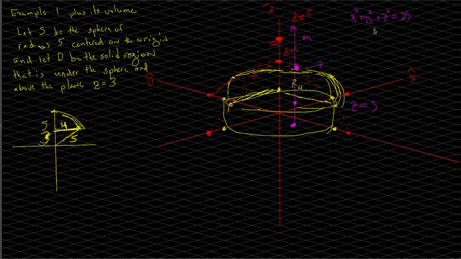But we're going to solve this for z. So z is going to equal the square root of 25 minus x squared minus y squared. And so that's going to be the upper limit here, the upper limit of our piercing through our solid region D.